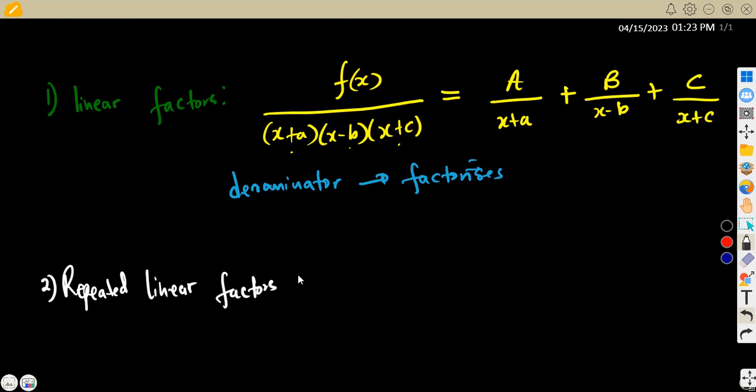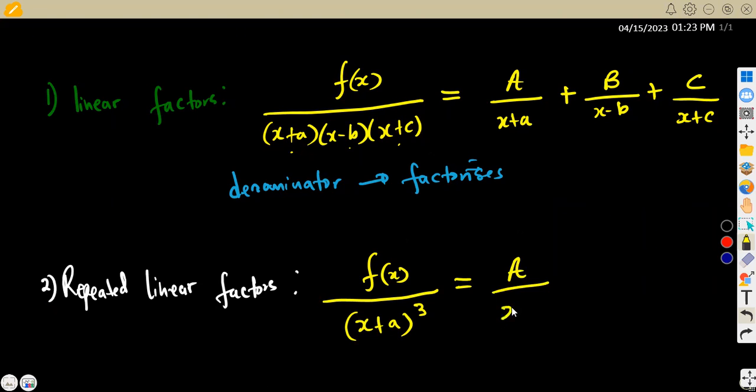This is a consideration now where we are given our f of x in the format of, let's say, x plus a to the exponent of 3, or to the exponent of n, whatever exponent you're given. This can be expressed into partial fractions as A over x plus a.